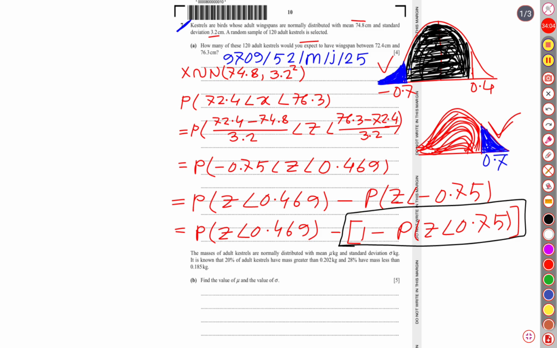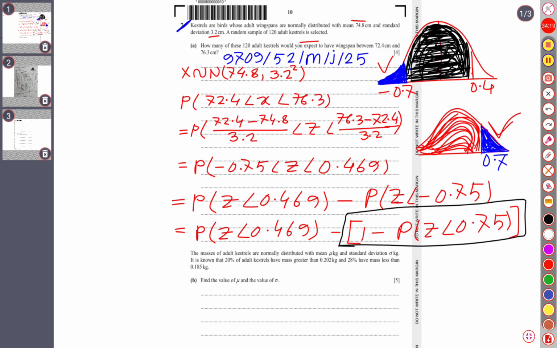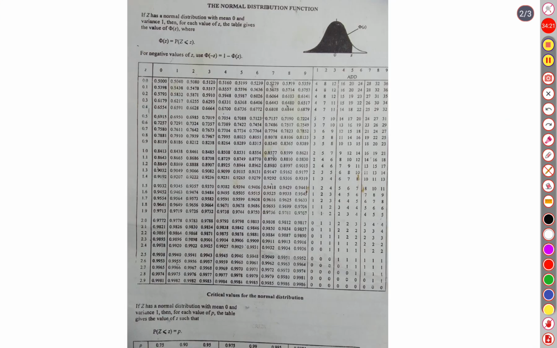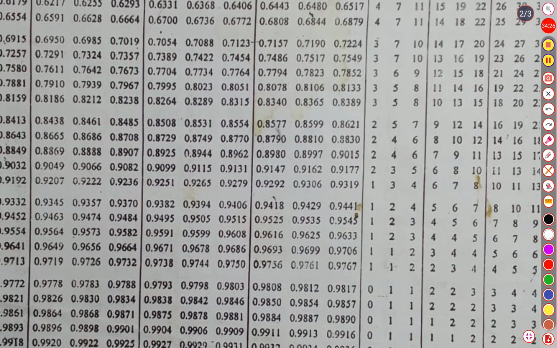So let us find the first probability. Using our normal distribution table, we will find when the z-score is 0.469. 0.469 is our z-score, then we will find the corresponding probability.